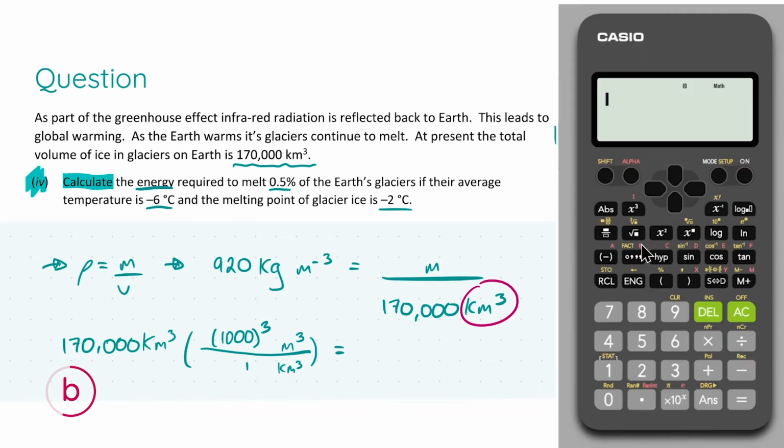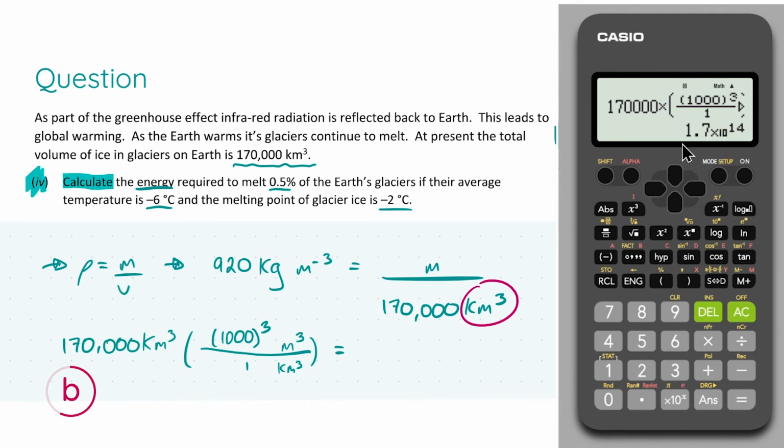In order to find this, we need to plug it into our calculator, so that's what I'm going to do next. We're going to have 170,000, so 170 times 1,000. We're going to multiply this by our scale factor, which we said was 1,000 cubed on the top, so raise this to the power of 3. And on the bottom, we're going to have 1 kilometer.